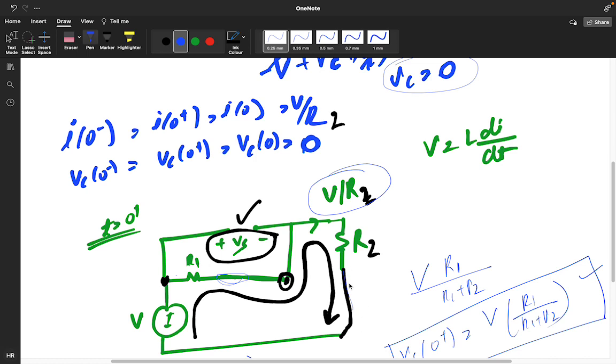If you multiply this current V by R2 with this resistor R1, V by R2 into R1, I get positive to negative V into R1 divided by R2. This is parallel to the switch, so my switch voltage will be this.